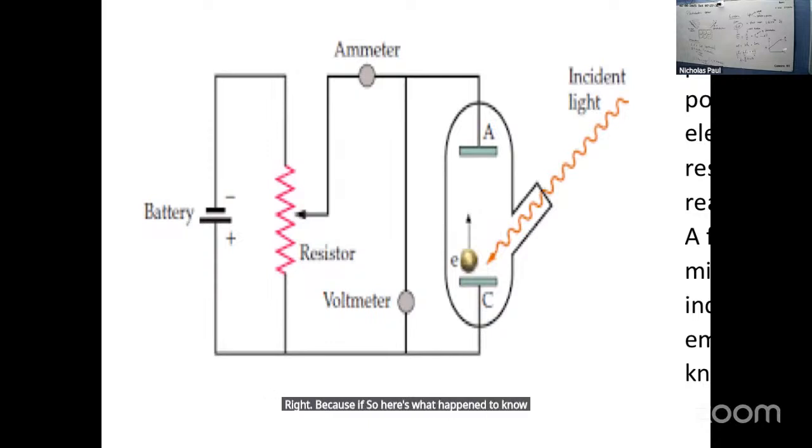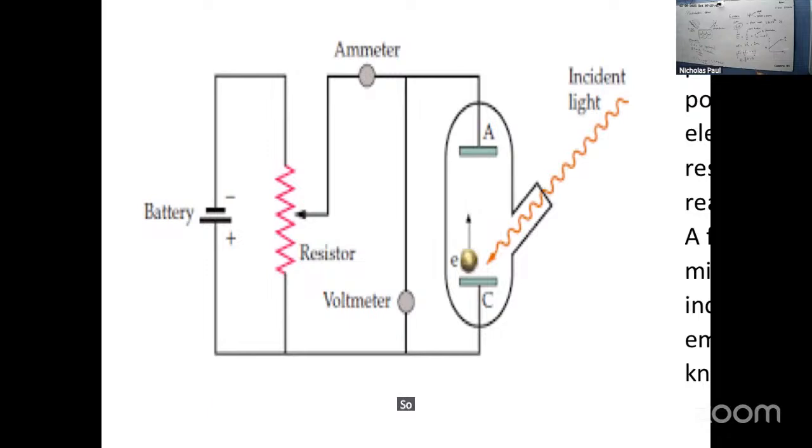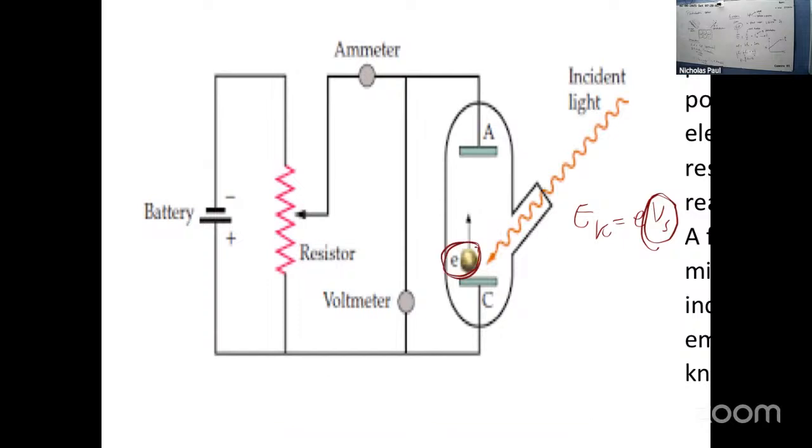There's a potential A to C that increases. So remember the formula? Kinetic energy is equal to eVs. There's a special voltage that we call stopping potential that can stop the electrons from reaching here.